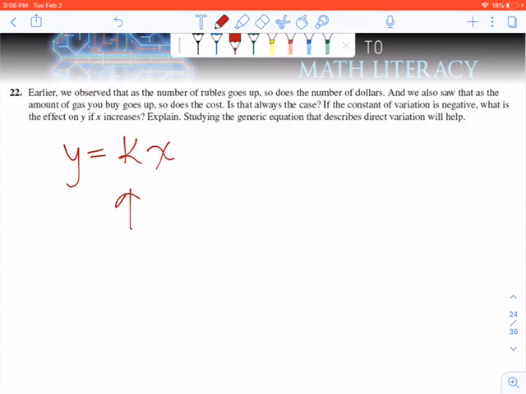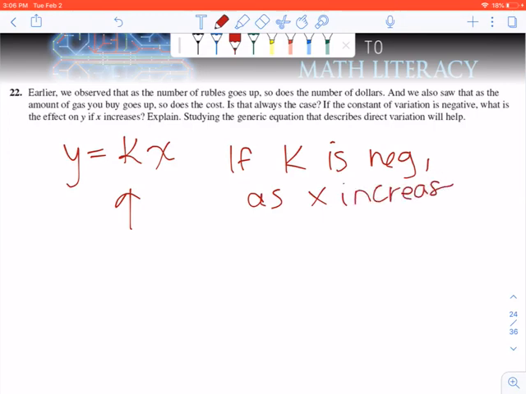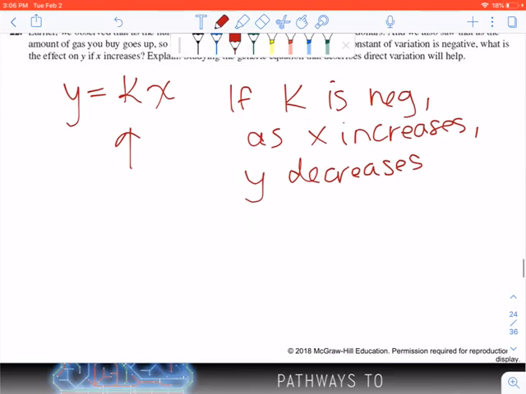It's getting more negative. So that would be a case where it's the opposite. So if k is negative, as x increases, y would decrease, because as x is getting bigger, it's getting more negative.